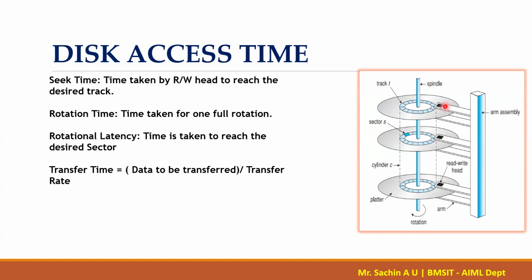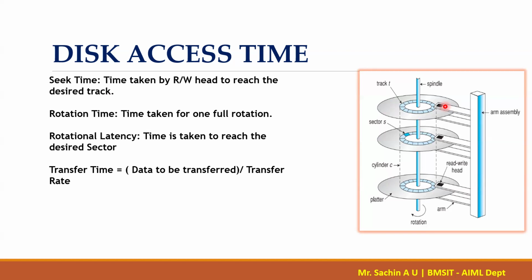Now take one more scenario. Let us assume the read-write head is already on the fifth track, and the task is to play a song which is on the second track. You can shift your read-write head from the fifth track to the second track.